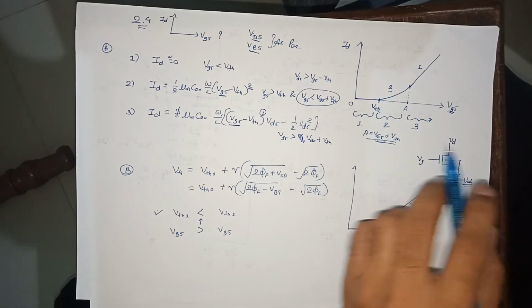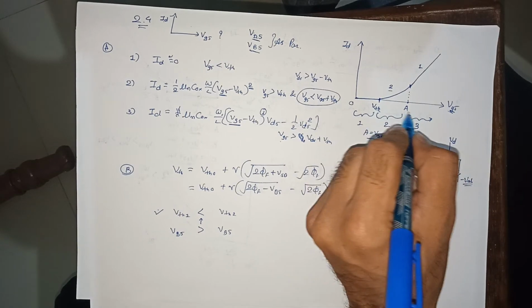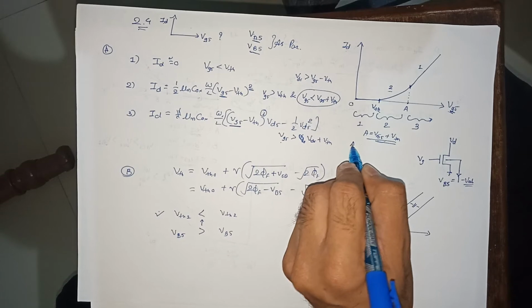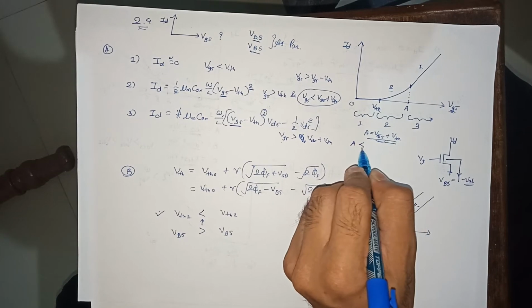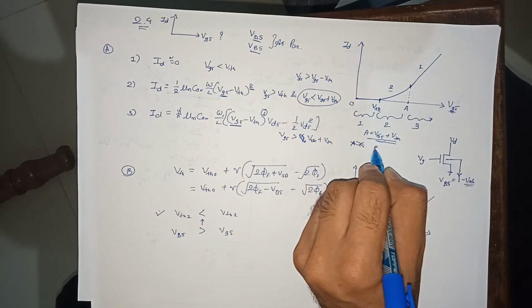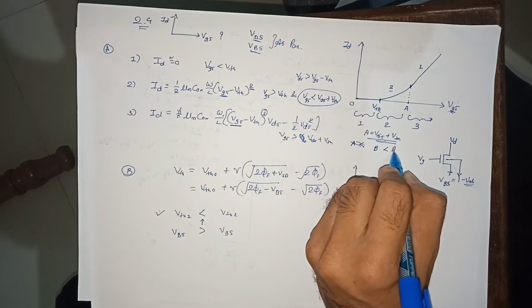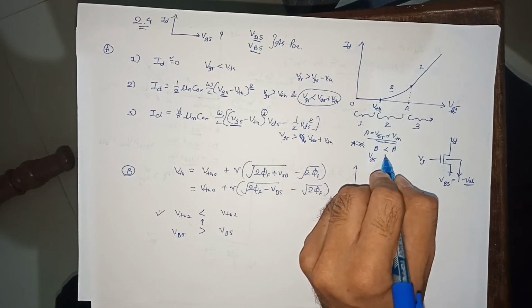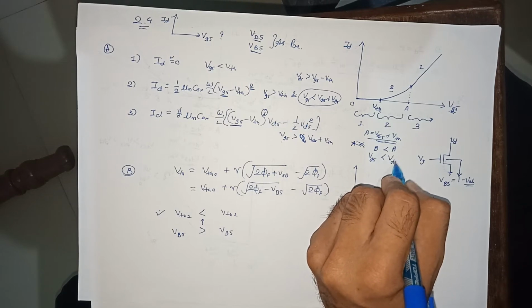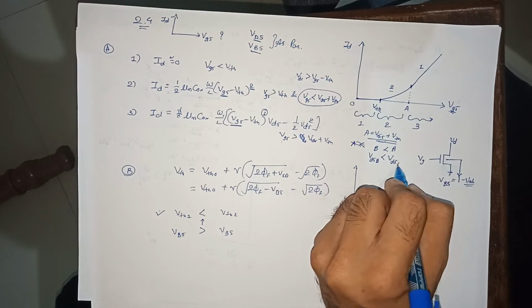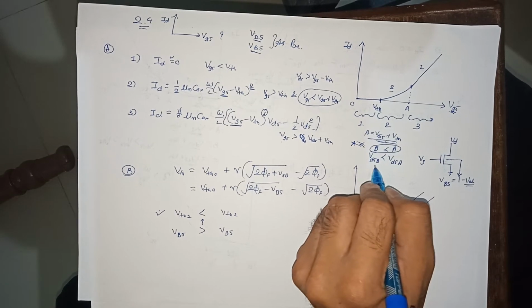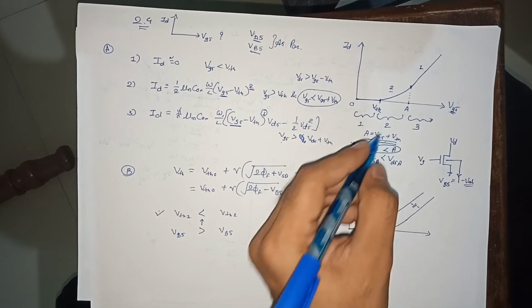Now let's say you are making VDS lower. So let's say B is less than A, VDSB is less than VDSA. Don't confuse between this one and that, this is just to make you understand.